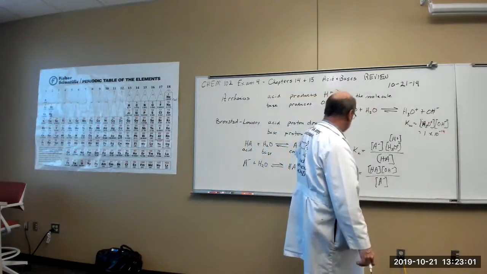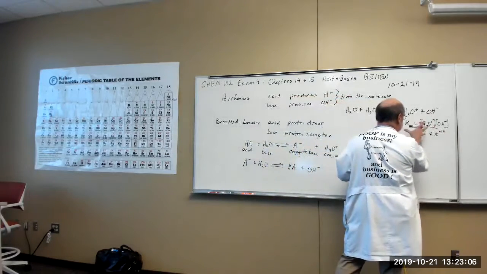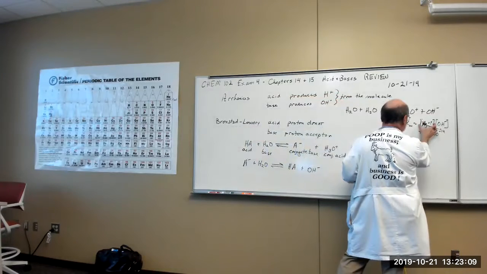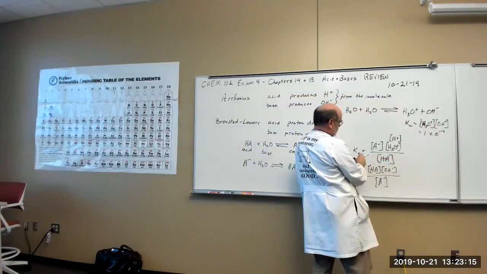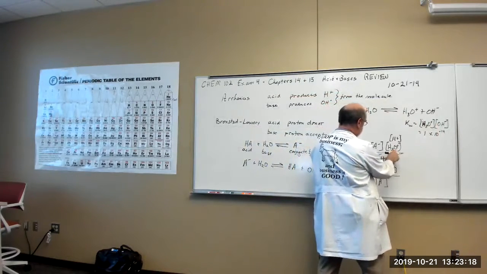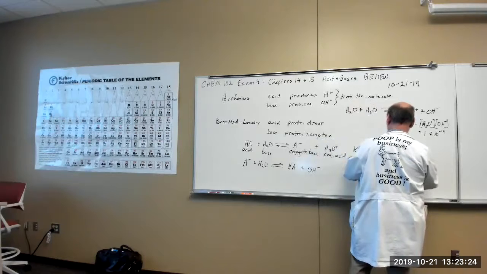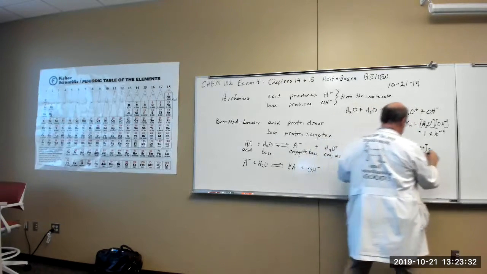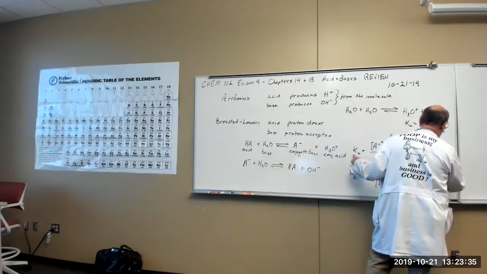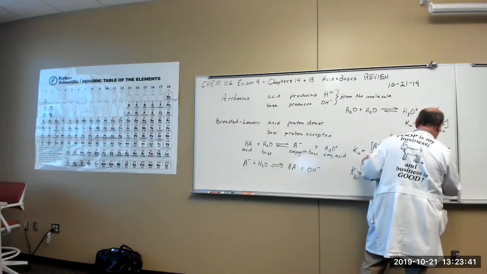So notice what happens. If we break this out into what is this equal to and what's that equal to, we find that we solve for this one, for Ka, then we find the hydronium equals Ka times HA divided by A minus.